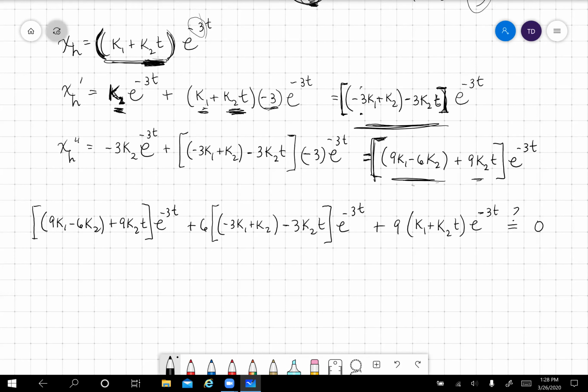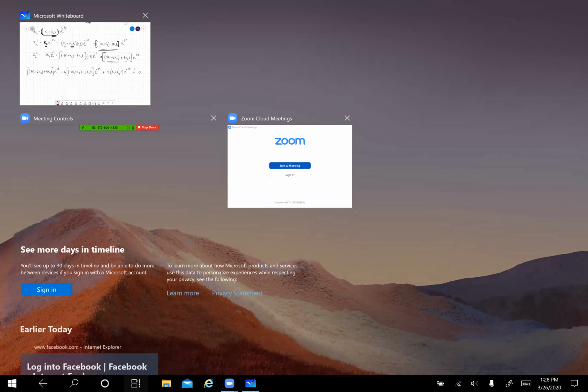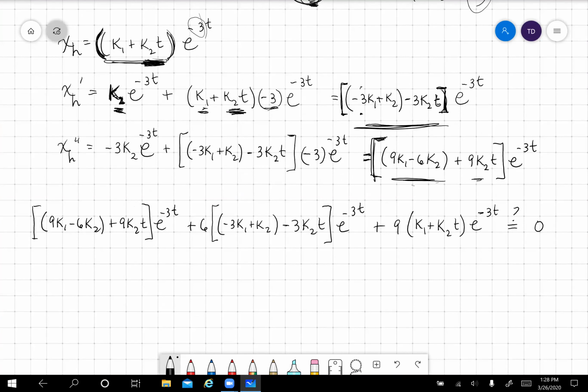Okay, here's what I'm going to do. Since they all multiply e to the minus 3t, first I'm going to pull out the terms that don't have a t multiplier. That one multiplies e to the minus 3t. This one times 6 multiplies e to the minus 3t. This one times 9 multiplies e to the minus 3t.